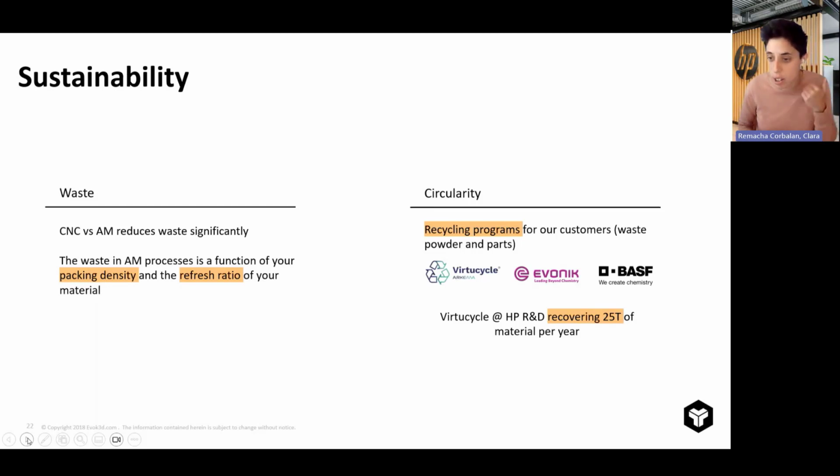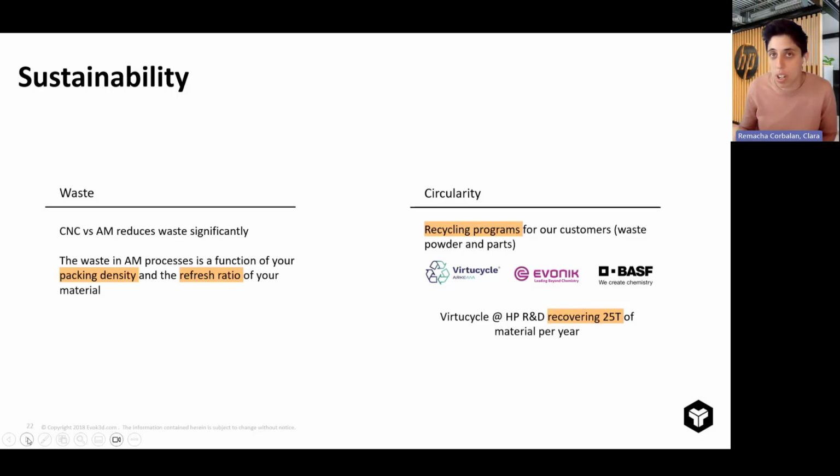It really depends on the packing density that you're able to achieve and the refresh ratio of your material. When I started on my first slide, we had different refresh ratios for the 3 rigid materials, going from 70-30 to 90-10. If you have a really high packing density, for example, for insoles, they are reaching packing densities of 12-15%. Then if you go to PA11, that is 70-30, you're generating very little to no waste.